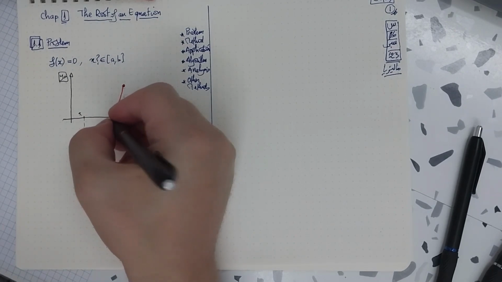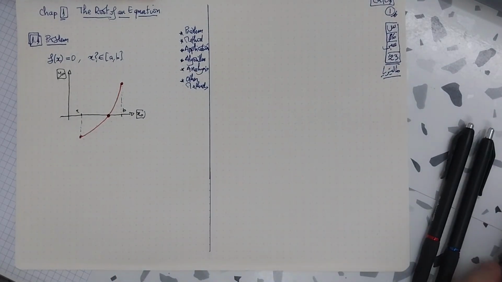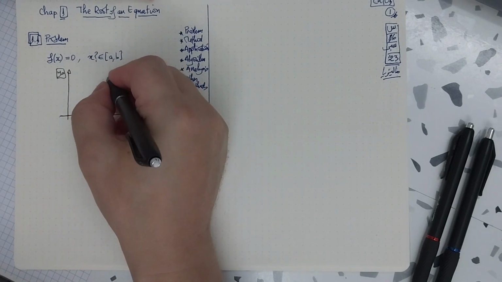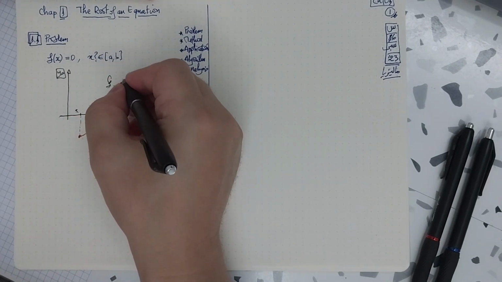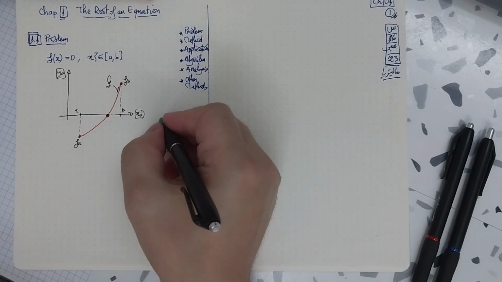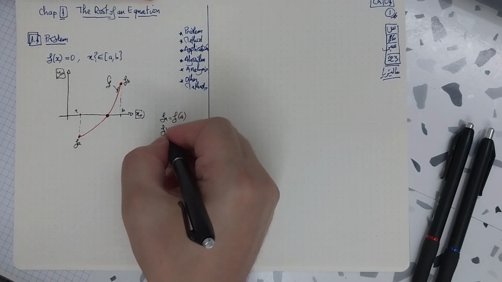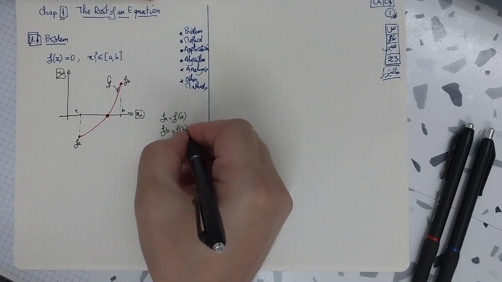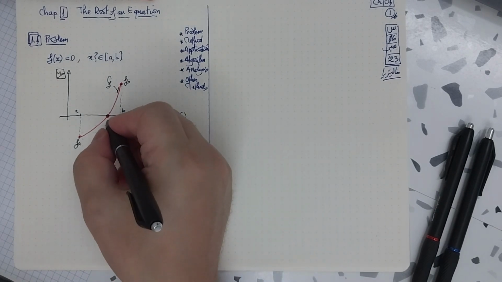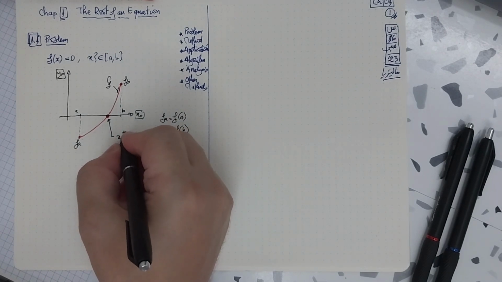There must be one single root between A and B. So this is the curve of F. This is FB, and this is FA, where FA is the image of A, and FB is the image of B. And this is the root, XR star.